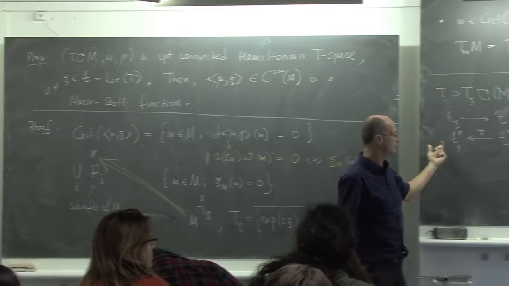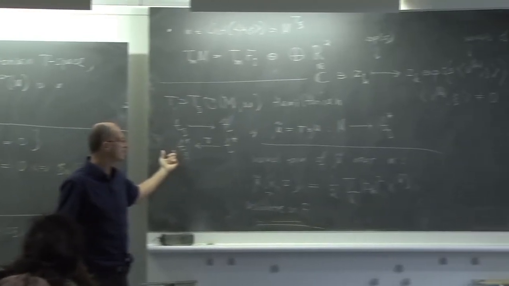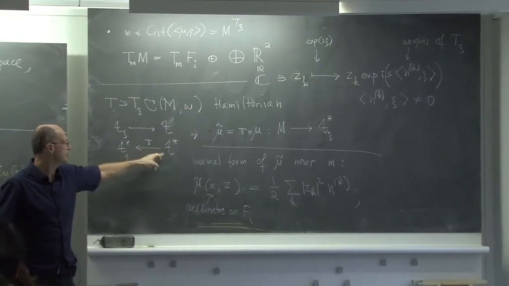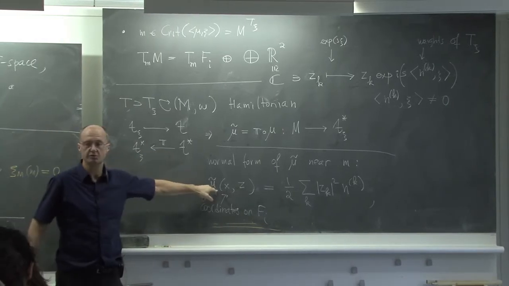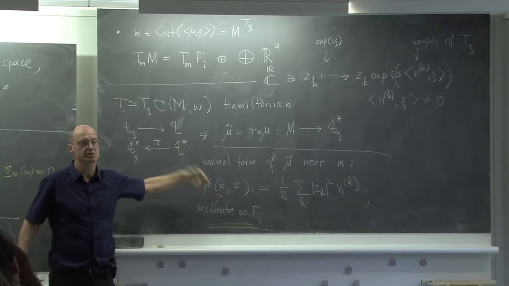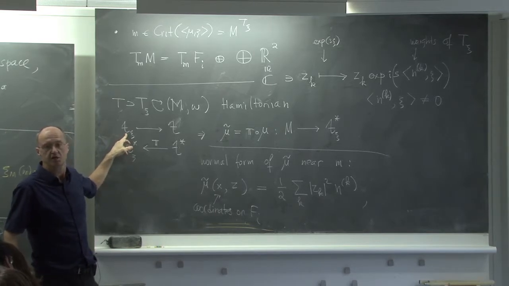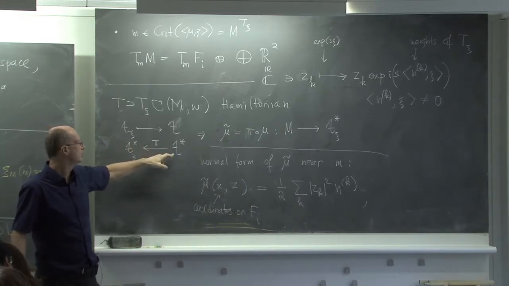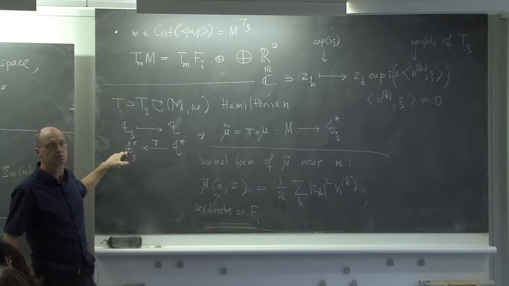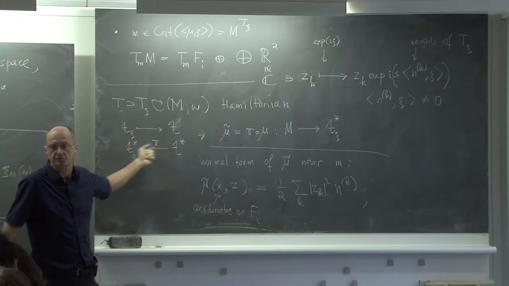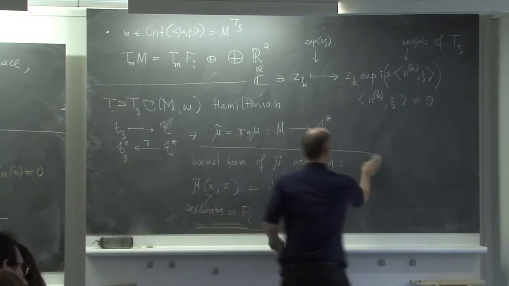Because of this projection, I can simply replace mu by mu tilde, because psi is in t psi. To evaluate a linear form on it, it's sufficient to project it to t psi star. That's just by definition of this projection.